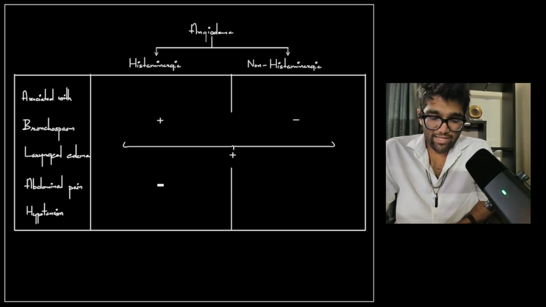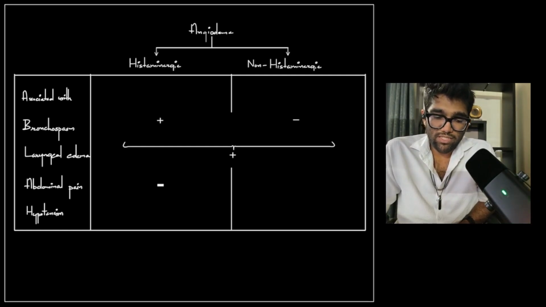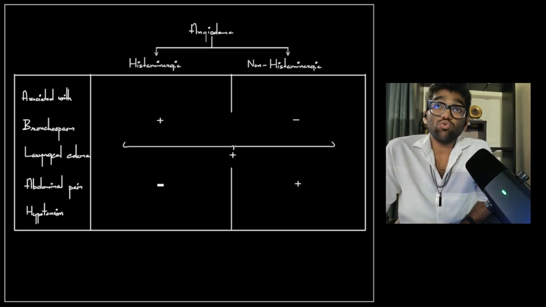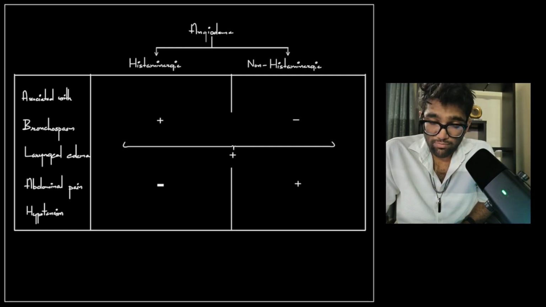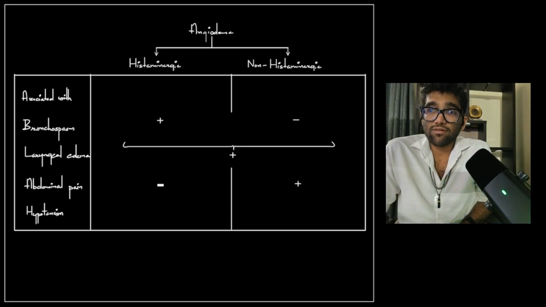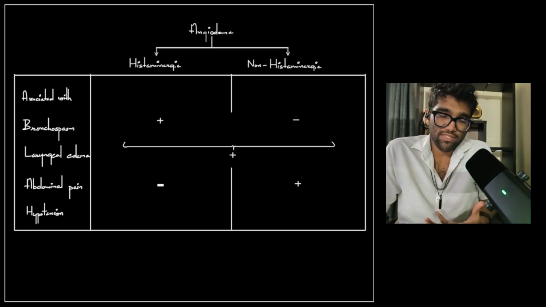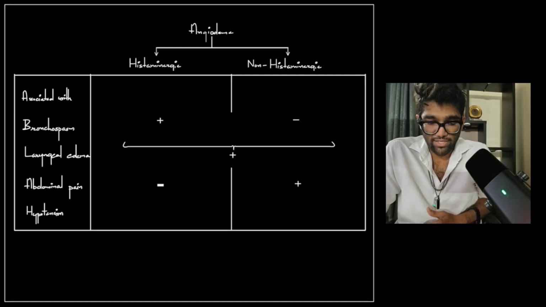So that area is not normally affected in histaminergic angioedema. Abdominal pain, due to submucosal edema, secondary compression of blood vessels and distortion of the viscera, can be present in cases of non-histaminergic angioedema.